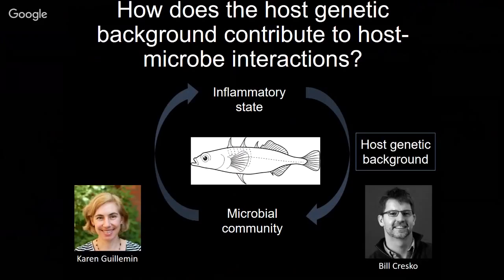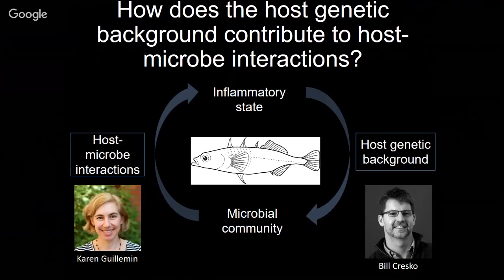And so as a postdoc, I joined Karen Gilliman's lab. She's interested in host microbe interactions, and we started a collaboration with Bill Cresko, who had a lot of background in determining the role of the host genetic background in different phenotypes.